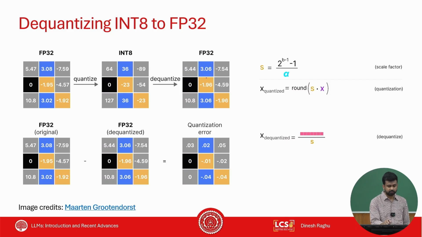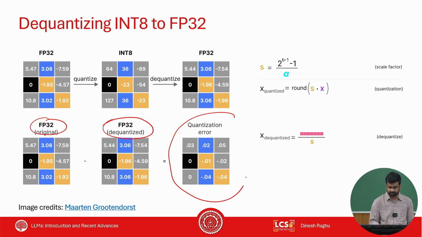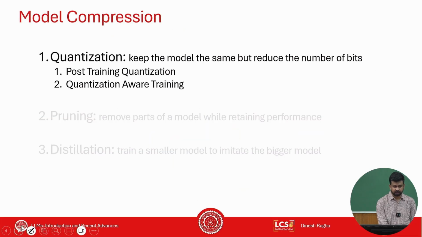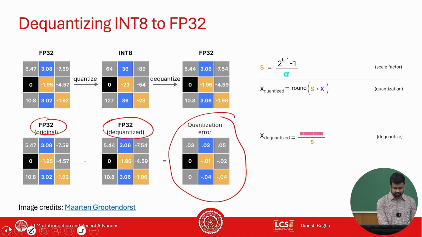When you dequantize, of course, you're not going to get the original back. The difference between the original and the dequantized is the quantization error. So it is going to be lossy, and you will end up getting a quantization error. Now let's see how this quantization and dequantization is typically used in machine learning inference.